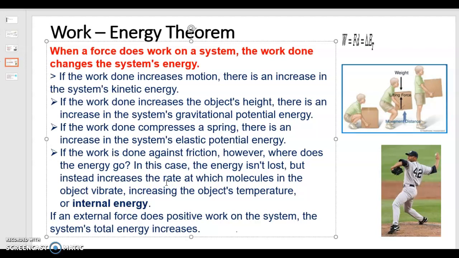So we would say, well, where's that work going? What kind of energy are we giving that book in this case? Well, what's actually happening is the surface of the book is getting a tiny bit warmer, and in this case, the work is being converted into heat energy, or what we call internal energy. Okay, so in many situations, the work that's being done will either convert to an increase of gravitational potential energy, an increase of kinetic energy, or an increase of heat energy, or what we call internal energy.